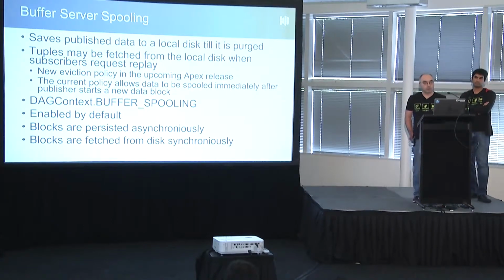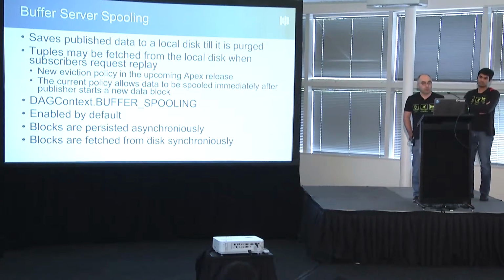So it was possible that after a publisher moves to the next block, but subscribers are still way behind the publisher, and there are still blocks between what the publisher delivered to the buffer server and the subscribers, all those blocks potentially would be evicted, right?